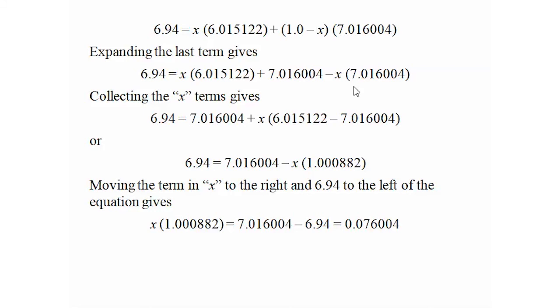I collected these two terms together, or 6.94 is equal to 7.016 minus X times 1.000882, which is the difference of these, negative 1.000882, and so I move the minus sign out in front.